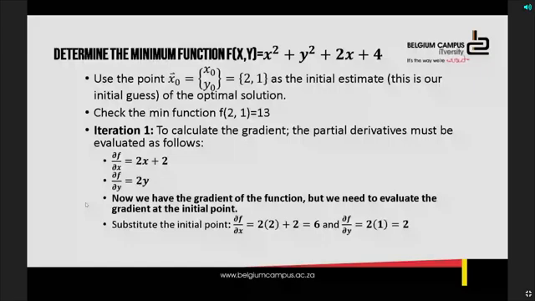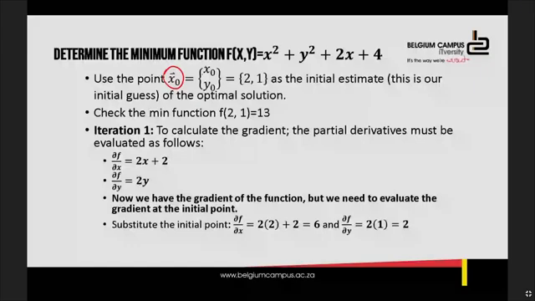So we're going to use an initial guess. You'll see there we're using our initial vector guess, where it is normally written as a matrix in terms of x and y, or x1 and x2.